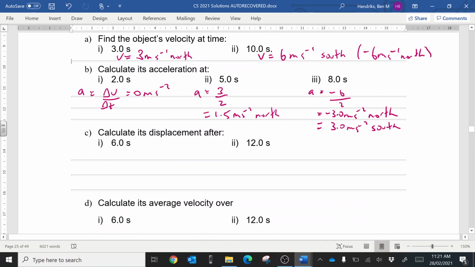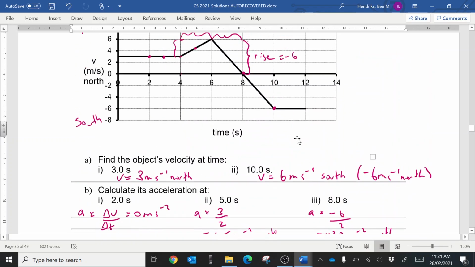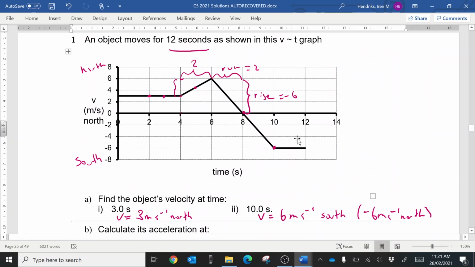Calculate the displacement after 6 seconds and 12 seconds. Here is 6 seconds along here, and we need the area under the curve up to that point. We need to break it up into rectangles and triangles. So we've got this rectangle here and this triangle in here.